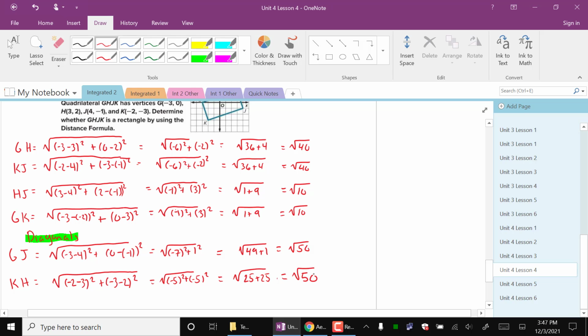So we have the diagonals being the same, so we have a rectangle. All that work to show us that we have a rectangle.